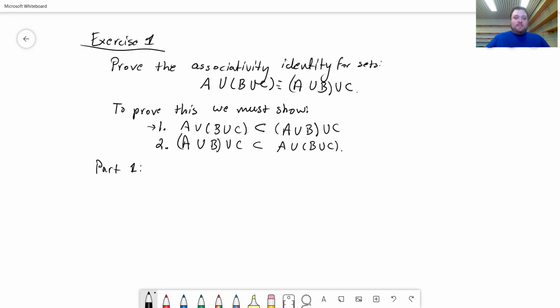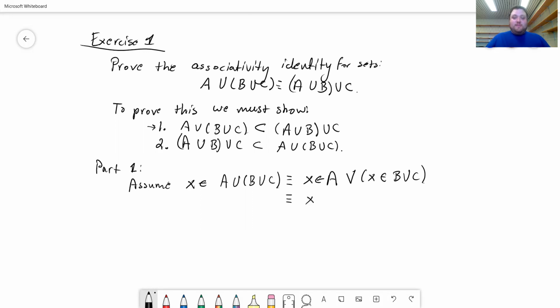So assume X is an element of (A union B) union C. If this is the case, then this is equivalent to showing that X is an element of A union B, or X is an element of C. Okay, and we'll keep going down this proof.